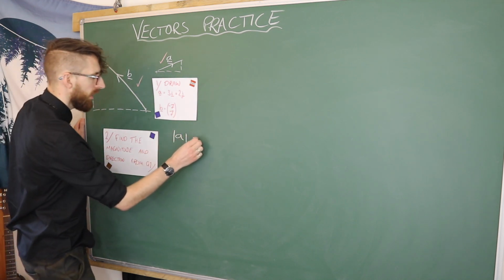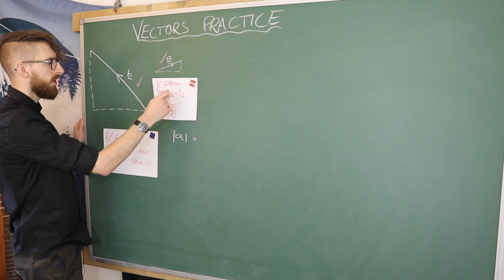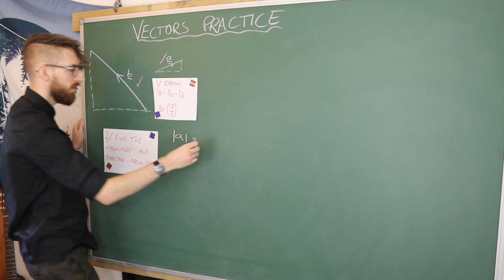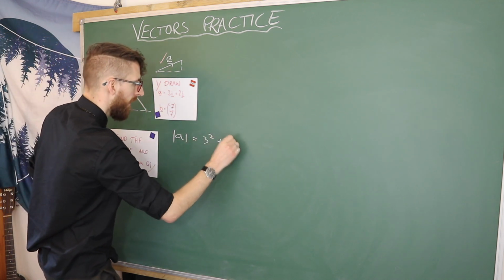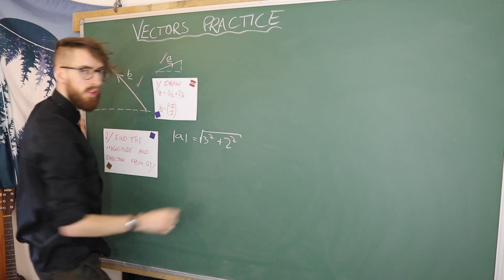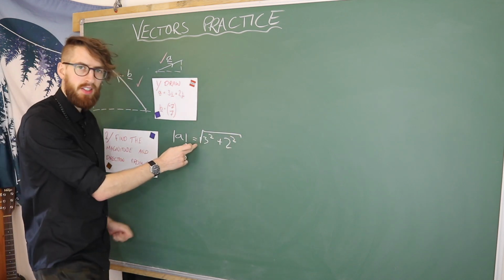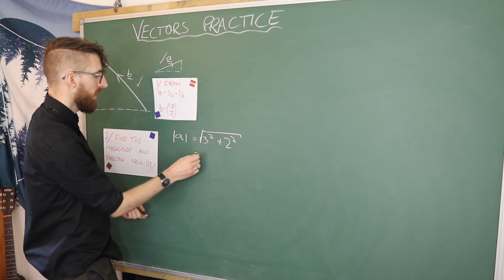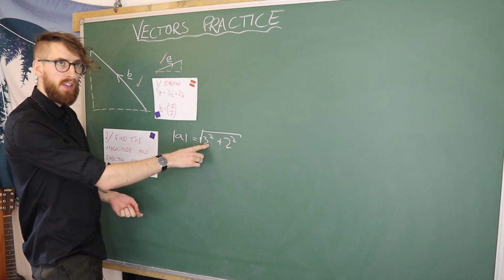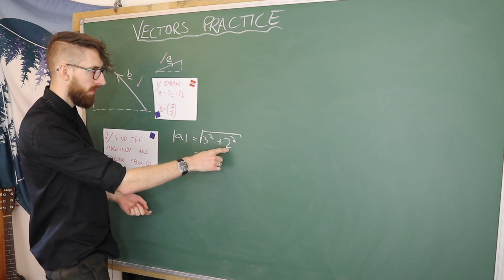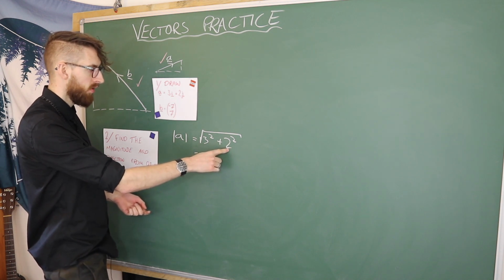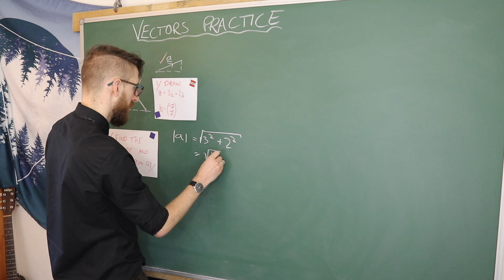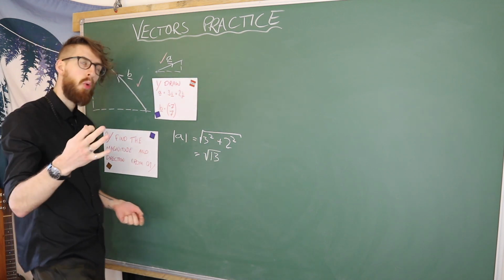A is going to be each component, 3 squared plus 2 squared, all square rooted. We've not got a plus and minus in front of it because the magnitude is always positive. This is 9, that's 4, so it's root 13. Okay, nice one. Now how about B?